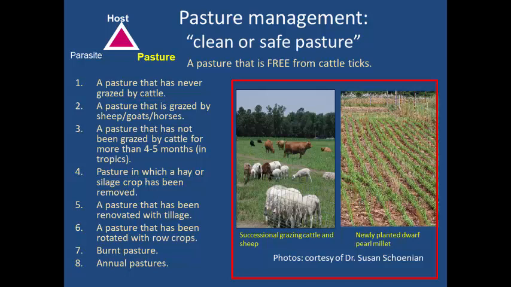So one species will basically serve to decontaminate the pasture from the other species' parasites. The other example is a recent row plantation of pearl millet, which is a cereal crop that stands drought conditions better than other ones like wheat or corn. And obviously, when you establish a pasture from scratch by planting the seed, it can be considered free from parasites.